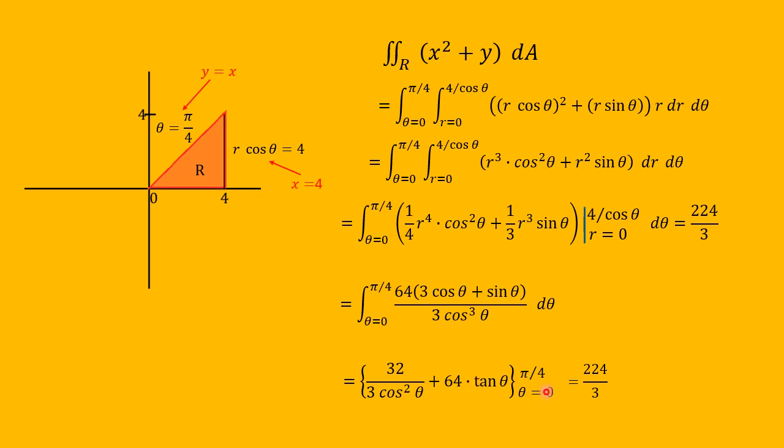Using the fundamental theorem of calculus, we'll plug in theta equals 0 and pi over 4, and we get 224 over 3. So this turned out to be very messy if we did all of these calculations in detail. This anti-differentiation going from here to here is pretty simple, but going from here down to here, finding that antiderivative would take quite a bit of work, most likely.